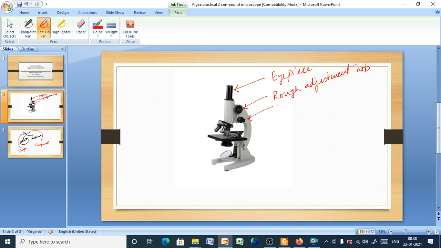This one, fine adjustment knob. This whole structure, from this to this, is known as the inclination joint.